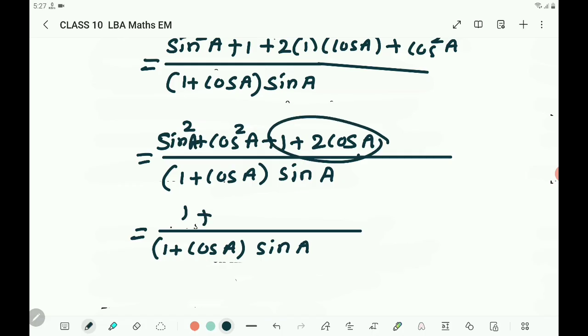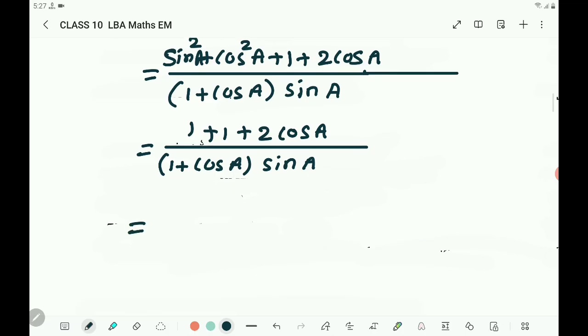And this 1 plus 2 cos A, write as it is. Then write the denominator as it is, (1 plus cos A) into sin A.